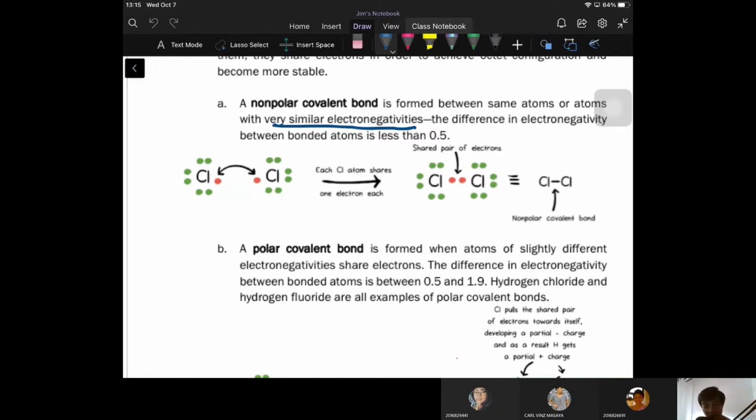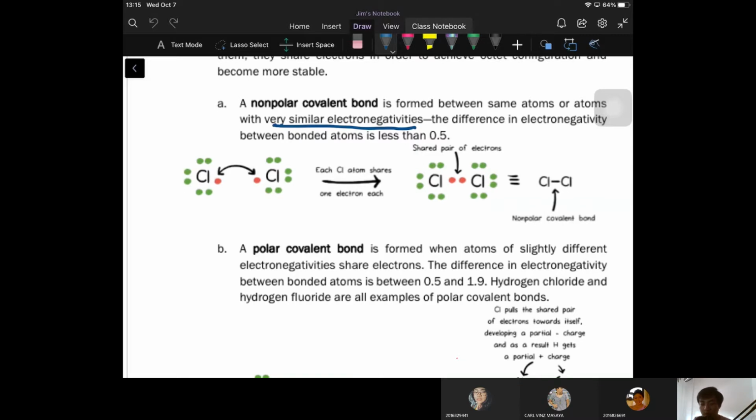So if that's less than 0.4, nonpolar yan, no? For nonpolar covalent bond, the atoms that are involved in forming chemical bonds do not have huge difference sa electronegativity or similar yung kanilang electronegativity. So walang pull ng electron dito.